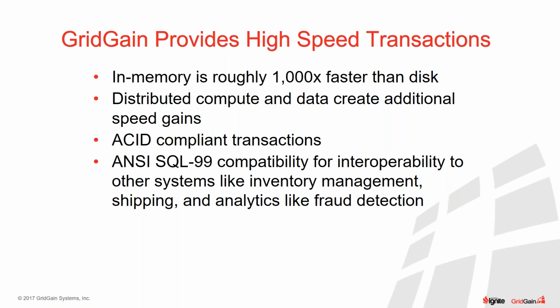And we also have ANSI SQL 99 compatibility for interoperability to all the other systems that you're running, like inventory management, shipping, and analytics. So we'll do real-time analytics, like fraud detection. And all this has to happen very quickly. So this is a great example of the power of in-memory computing.